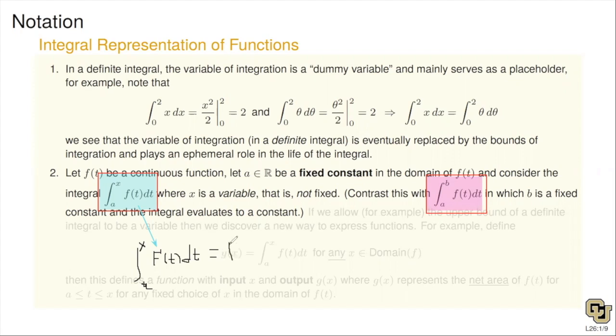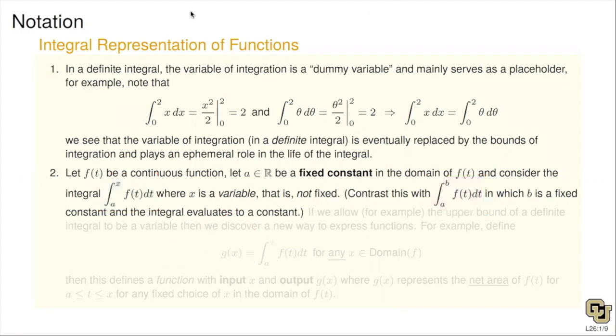Then fundamental theorem of calculus part 2 says this will equal f of x minus f of a. You see, on the right-hand side, the only variable is the letter x. There's no letter t.